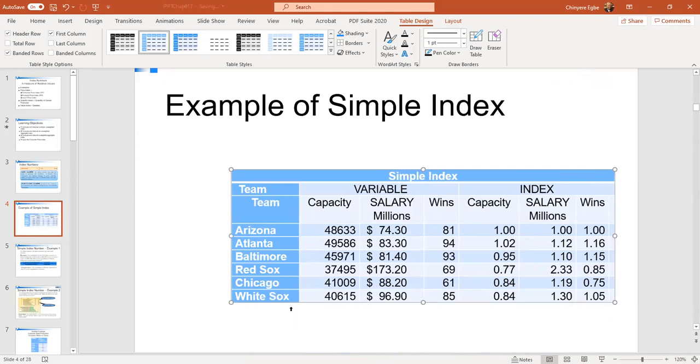Again, I'm trying to illustrate that an index does not have to be about money or about prices. So, for example, you look at the index of capacity. You see, we have capacity here.